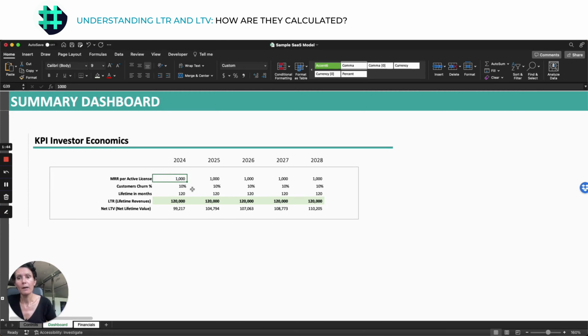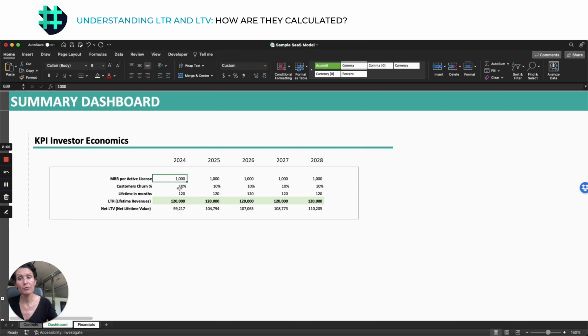Therefore, if, for example, I charge $12,000 for an annual license, this means that my MRR is not 12,000, but as we talked about in another video, it's 12,000 divided by the life of the contract, which is 12 months. So it's 12,000 divided by 12, which gives me 1,000 in MRR per month.